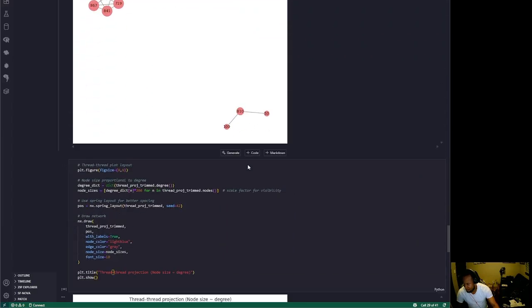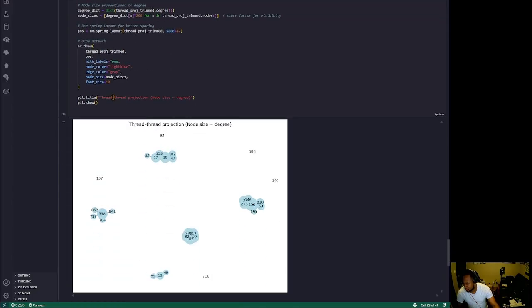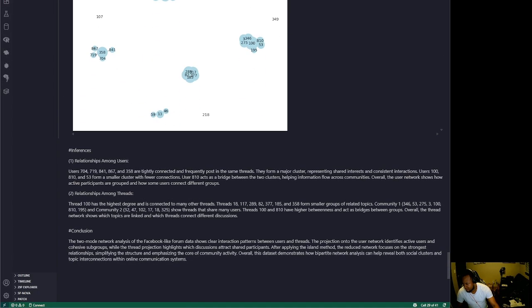And then with the other two graphs, we can see that the inference we make is that users 704, 719, 841, and 867 are tightly connected and frequently post in the same threads.